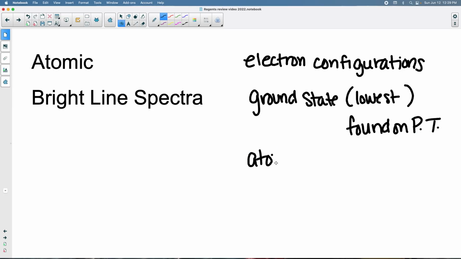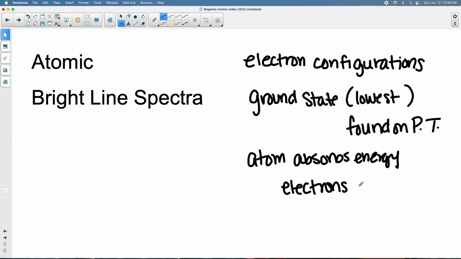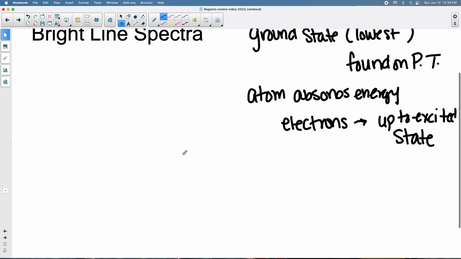If an atom absorbs energy, the electrons can move up to an excited state, which is temporary.